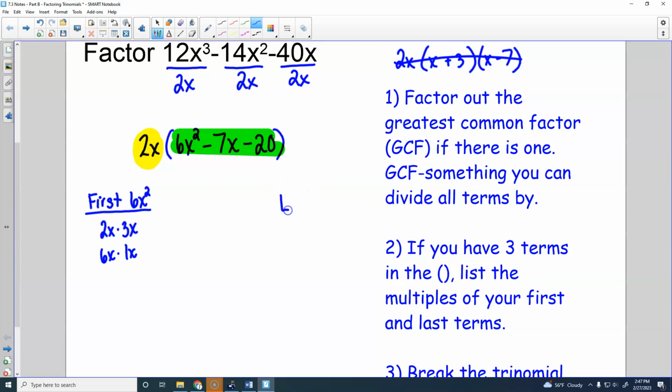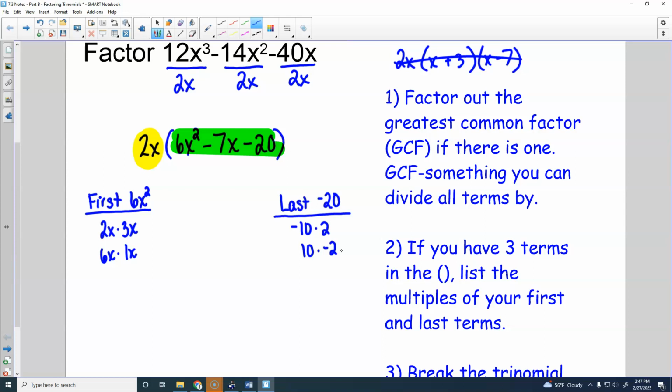Over here, our last term is negative 20. We want numbers we can multiply together that'll give us negative 20. Negative 10 times 2, or I could do positive 10 times negative 2, right?